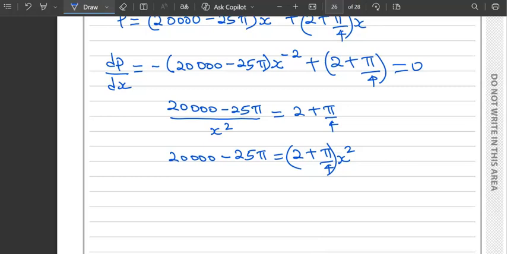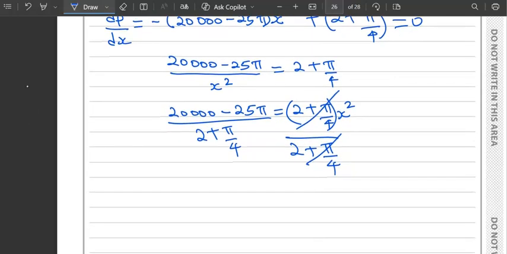Now I want us to only remain with x squared, so it means we can divide through by 2 plus pi over 4. Then also this one divide through by 2 plus pi over 4. So these two will cancel, and what we are going to remain with, x squared will be equal to, of course, before we simplify this, I will want us to express the denominator here, 2 plus pi over 4, as a single fraction.